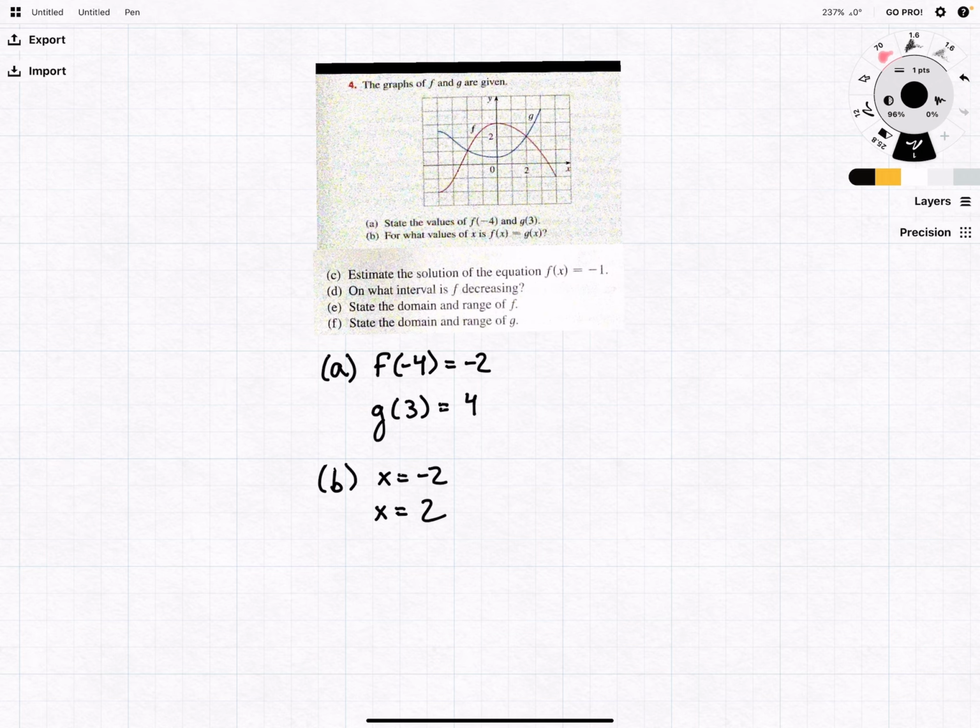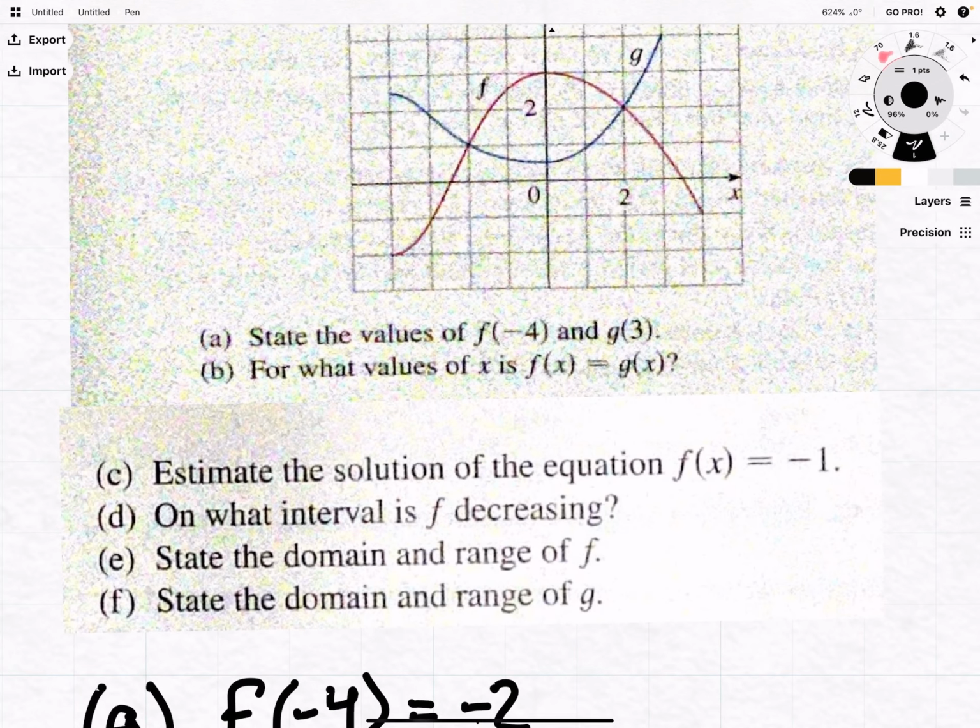So I believe they're asking, estimate what x value we have at y equals negative 1.